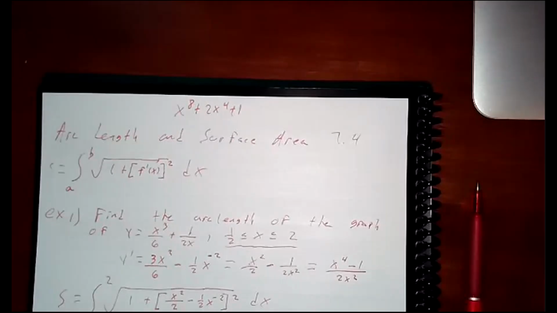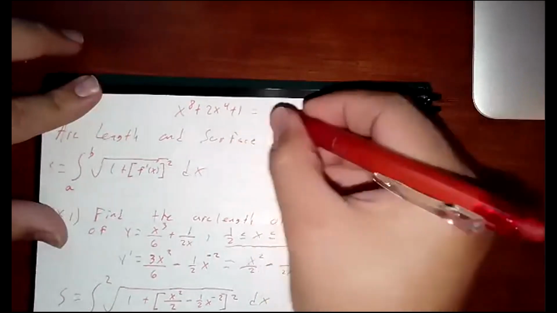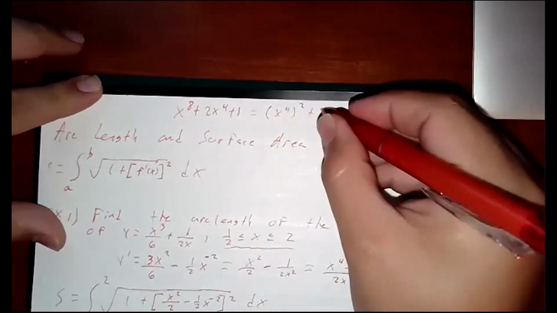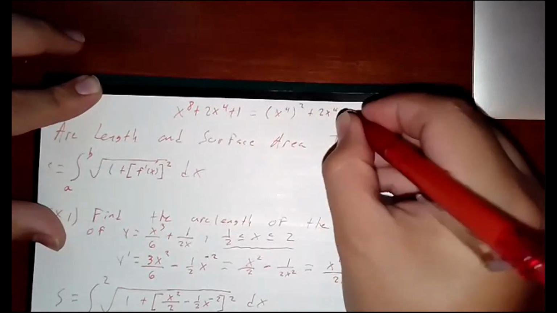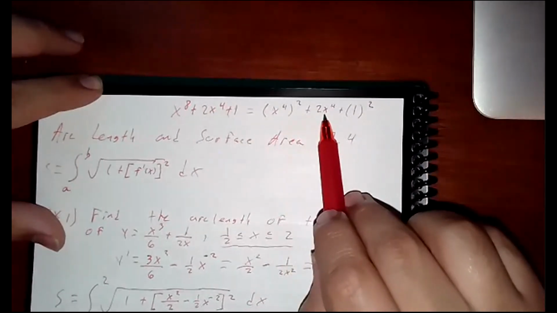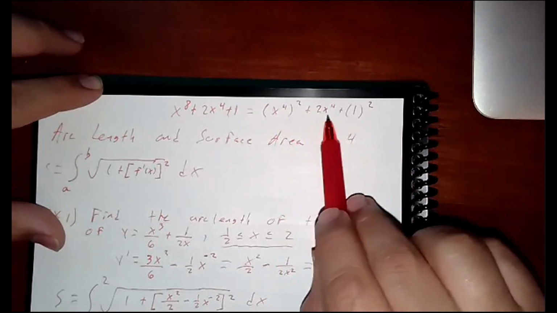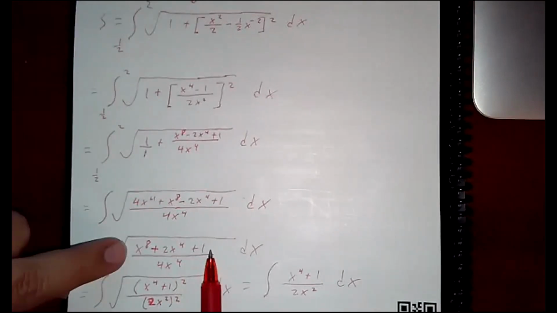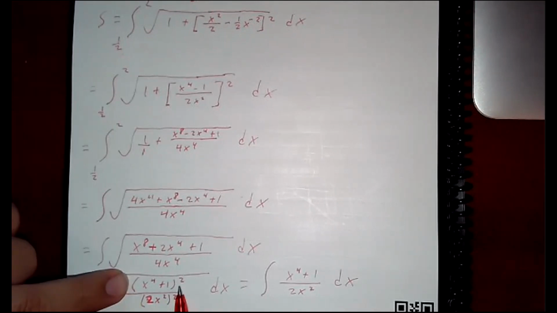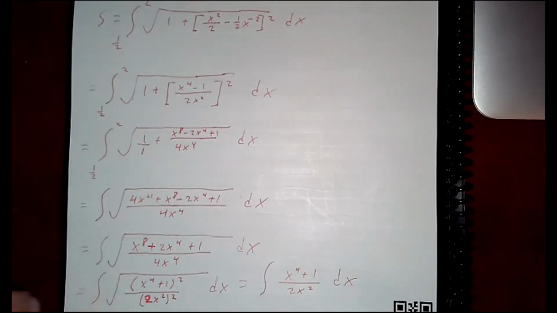So the idea is to rewrite this as x^4 squared plus 2x^4 plus 1 squared. This is the formula, and 2ab is right there, 2 times a times b in the middle term. That's why I knew right away I can factor the top into this. I want to make squares in here because I want to cancel the root. So the top squared, bottom squared canceled everything.